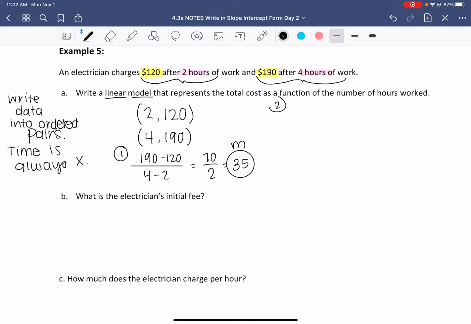Remember, our second step is to plug everything we know into y equals mx plus b. So I'm going to use 2 and 120. Our y is 120, our slope m is 35, our x is 2, plus b. We're going to multiply these, so 35 times 2 is 70.